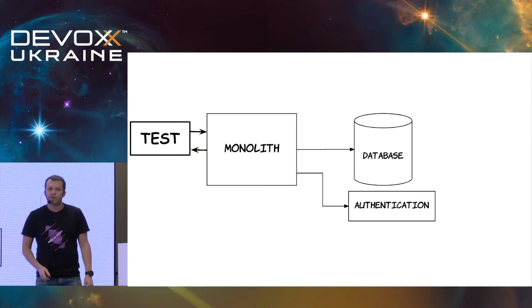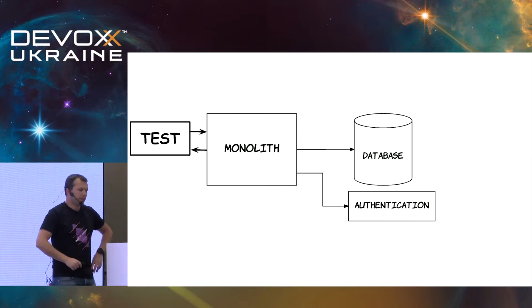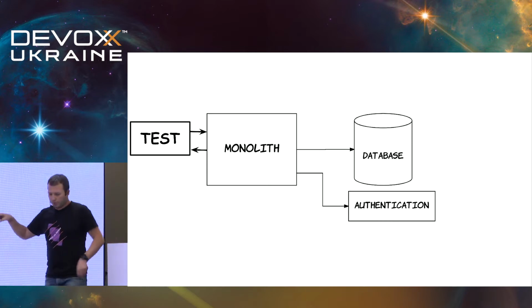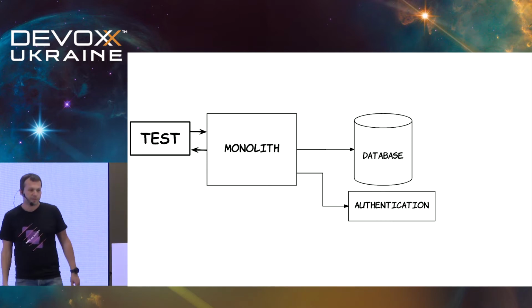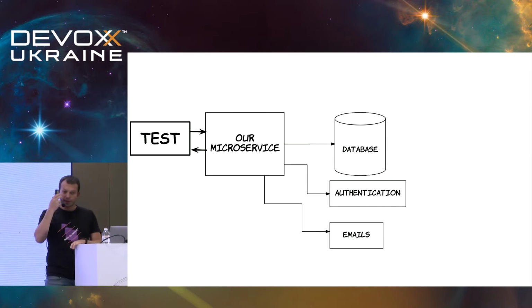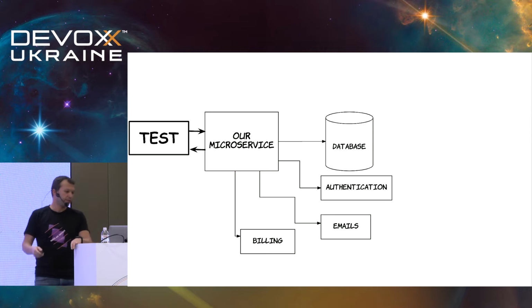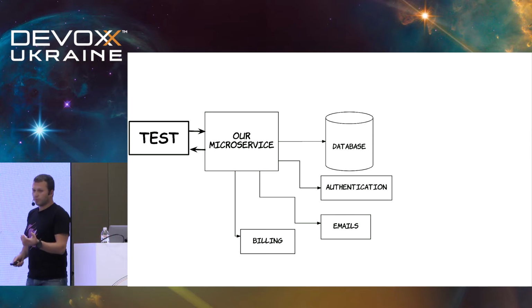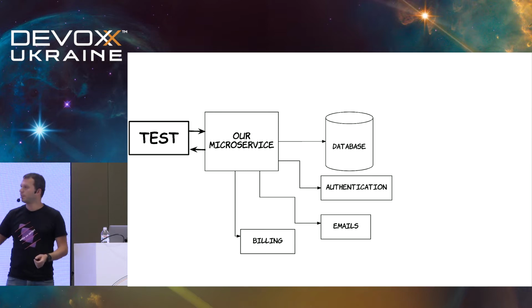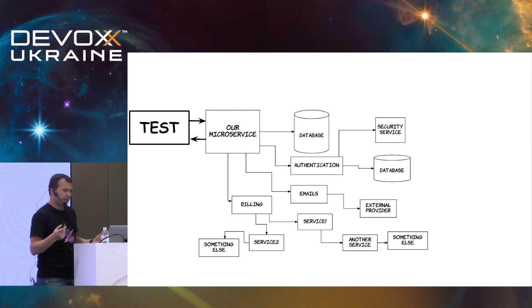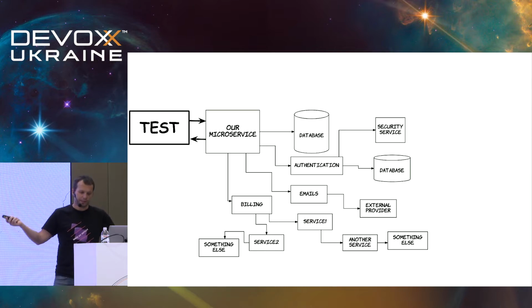So we thought maybe authentication is not part of the core domain, so maybe let's extract it to a different microservice. And then we said, okay, maybe emails is also something else, so we'll extract different microservices, maybe billing, etc. So you see where it's going, and if it's not enough that we have a lot of dependencies, each and every one of these dependencies has its own dependencies.